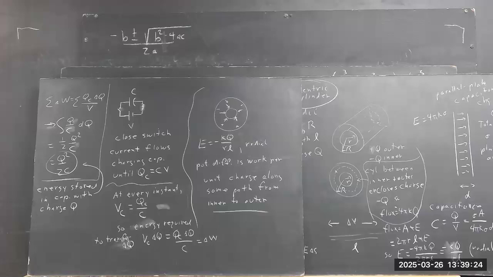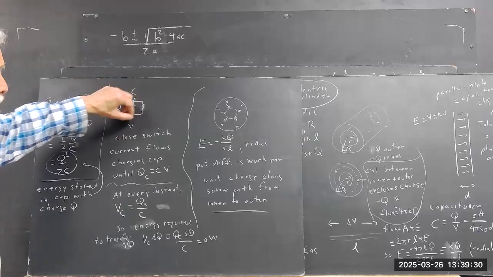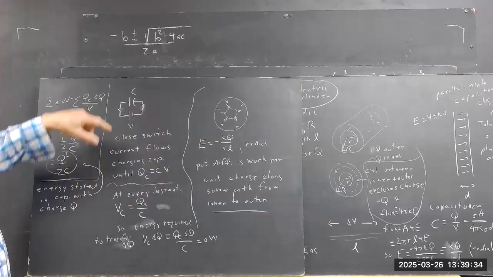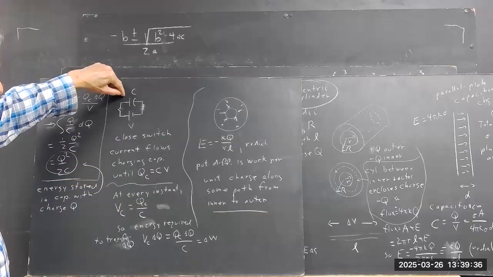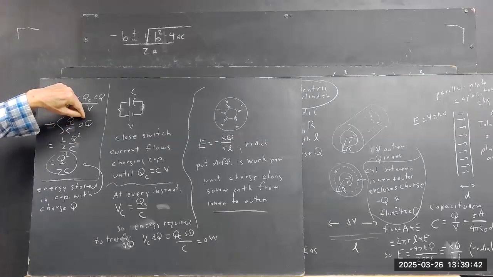Okay, so integrating the work that's required to move charge onto this capacitor doesn't depend on the resistance. You got to charge Q in the capacitor. You got to integrate Q over C, which is the voltage, times the increment of charge.